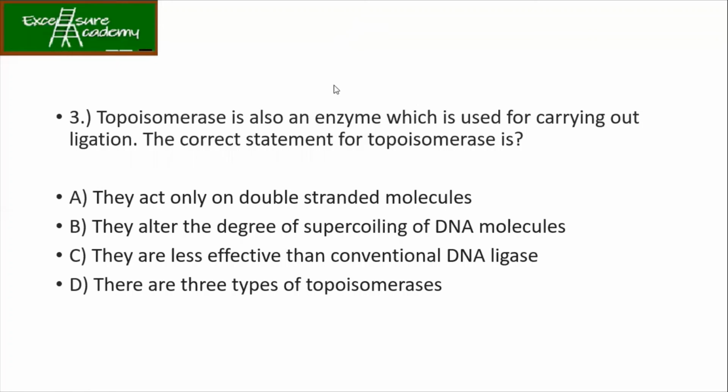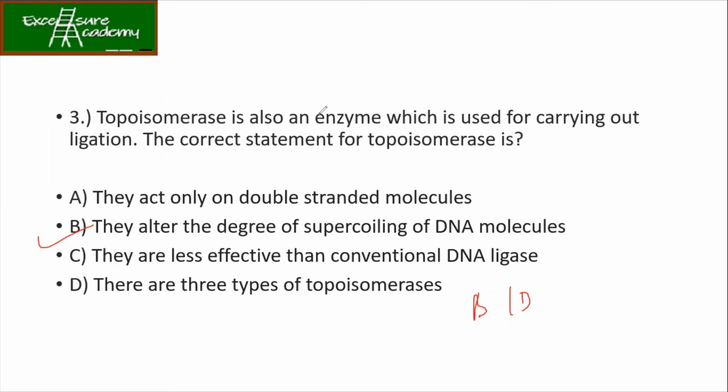B. The problem with me is that for me, B and D sound the same. Bombay B or Delhi D? Bombay. Okay. So the correct answer is they alter the degree of supercoiling of DNA molecules.